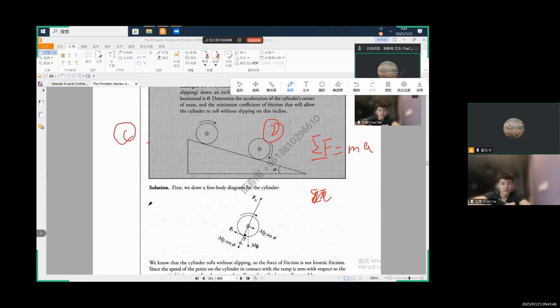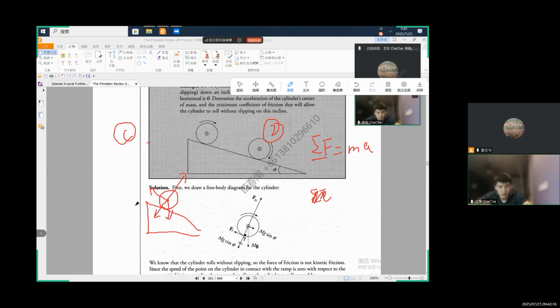We still go back to the very fundamental diagram, where the forces are gravity, the normal force, and the friction. I'm drawing the friction now because it's in here, not in here. Now we can say in this direction it balances with the normal force, right?